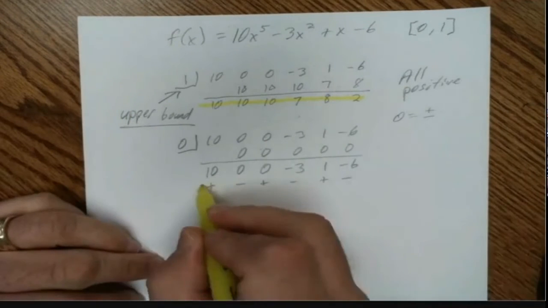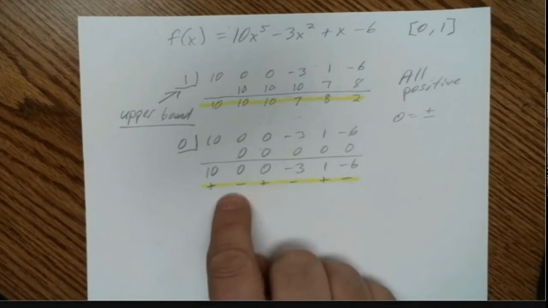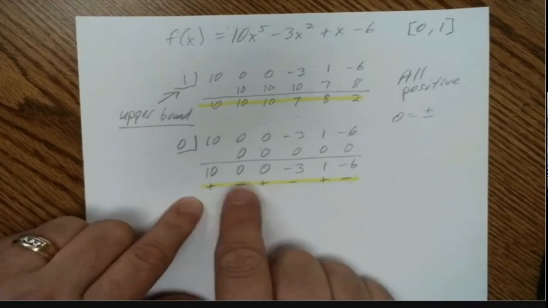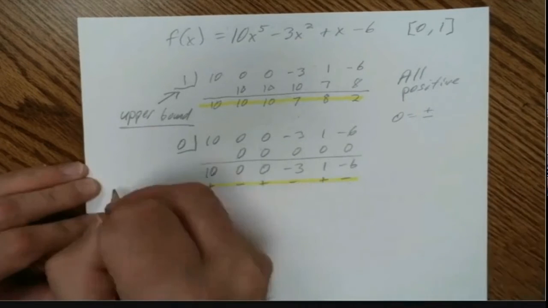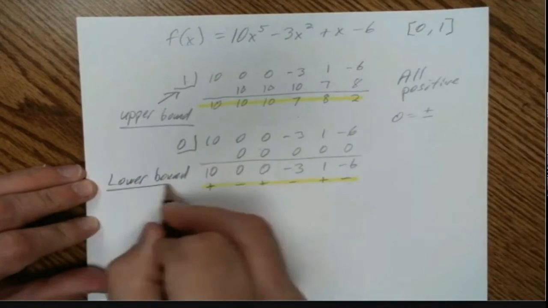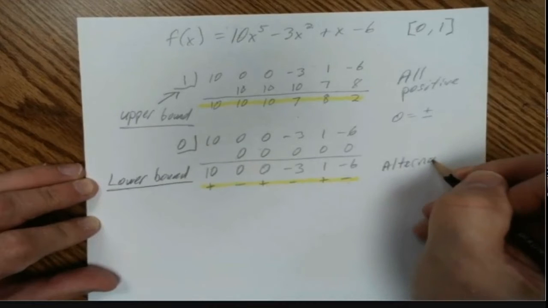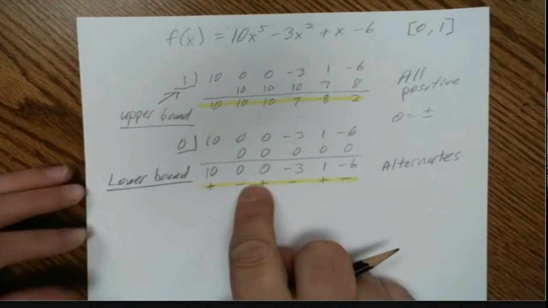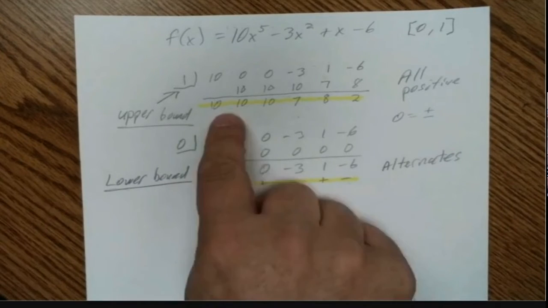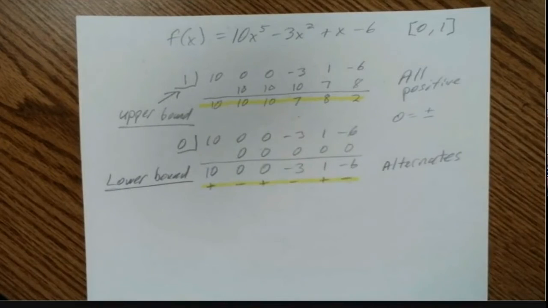When you have alternating signs all the way across, and we can count 0 either way, plus minus, plus minus, plus minus, this is a lower bound, because it alternates. 0 can count either way if you're checking for alternating, and up here if we're doing positive. If we had 2 zeros in a row, that could still be counted as all positive.